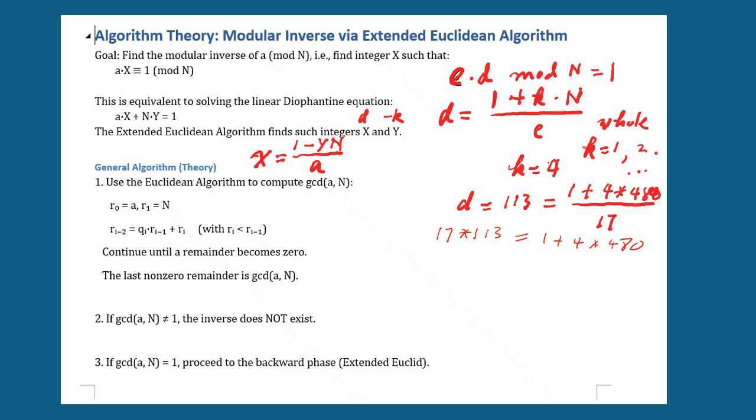So that's the k. And it's obviously this 113 is the inverse, because if you divide by 40, the remainder is obviously 1. So if that cancels, therefore, this is the method.